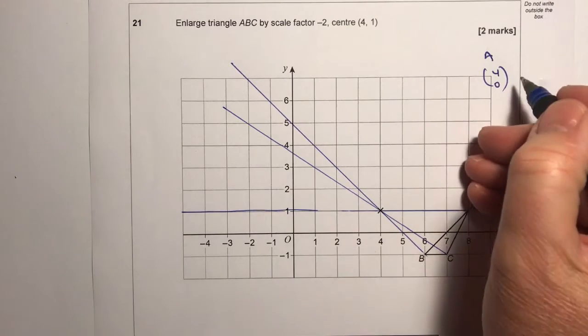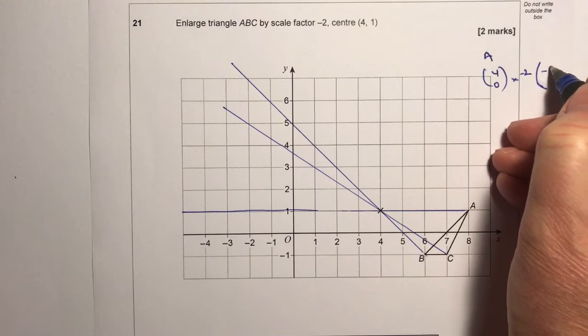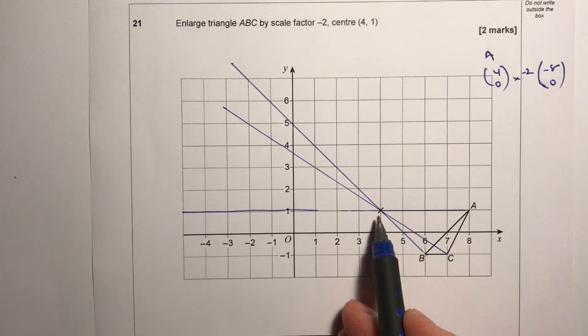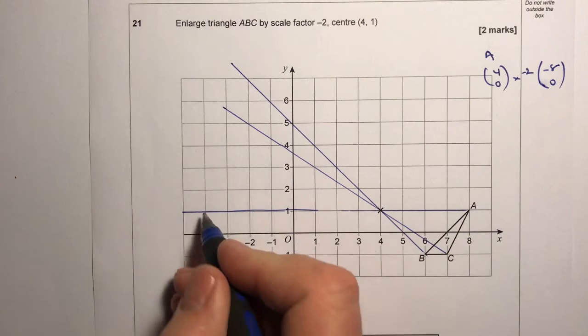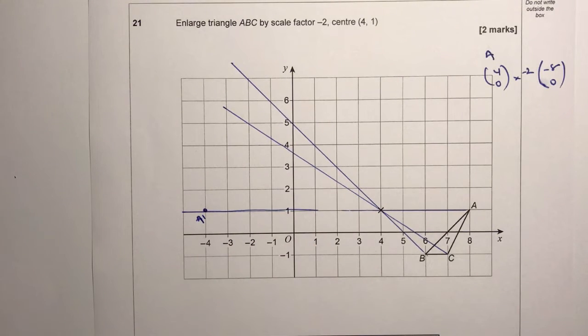So if I multiply that by -2, I end up with -8, 0. So rather than going along 4 and down 0, I'm going to go along -8 and then down 0. So again, go back to the center, take 8 jumps back. So what was A is now A prime.